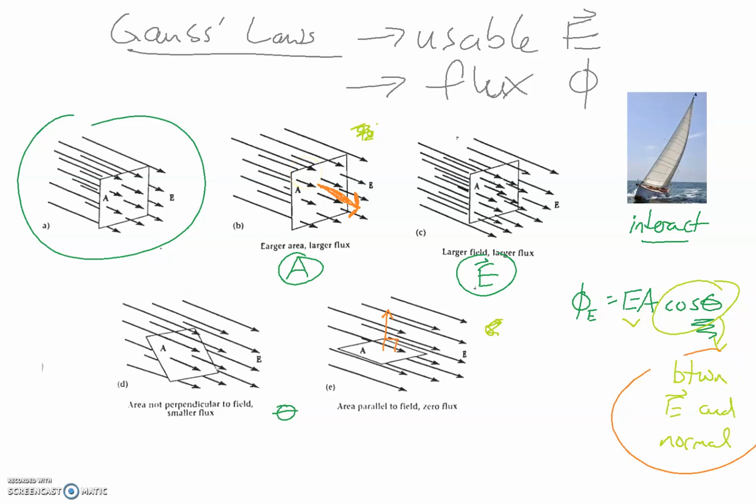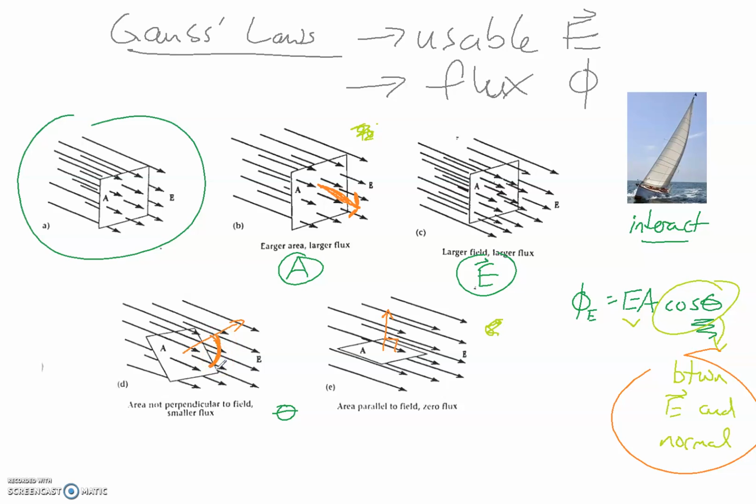So that's where you've got to be careful: the angle is between the field and the normal to the area, not between the field and the actual area. There are nerdy math reasons where this comes from, but we're not going to worry about that. Same thing for this one here. This one would have a normal vector coming out here, and that angle would be measured something like this.